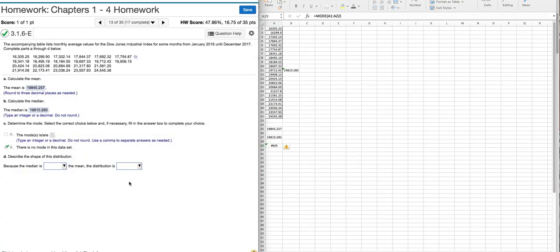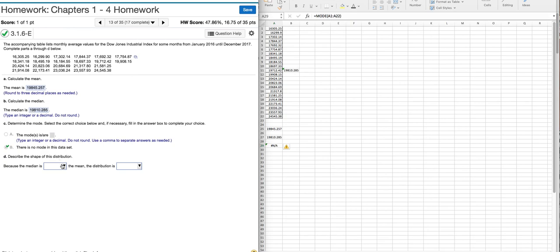And then finally for part D, it's asking about the distribution of the sample, and some questions will essentially allow you to choose symmetrical if the median and mean figures are close enough. And this particular question is kind of forcing us to choose, being that the mean and the median are not exact.